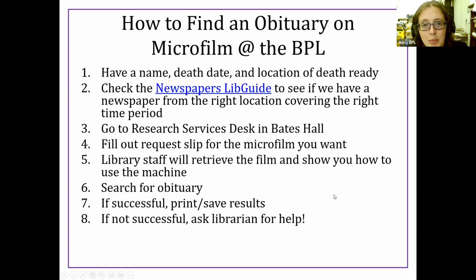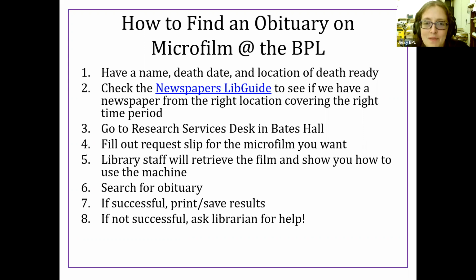Okay, so as I said before, the primary thing that folks usually look for in our microfilm collection are obituaries. So we're going to go through an example of how to find an obituary on microfilm at the BPL. First things first, these are the things you will definitely need to know. You'll need to have a name, a death date, and the location of the death.